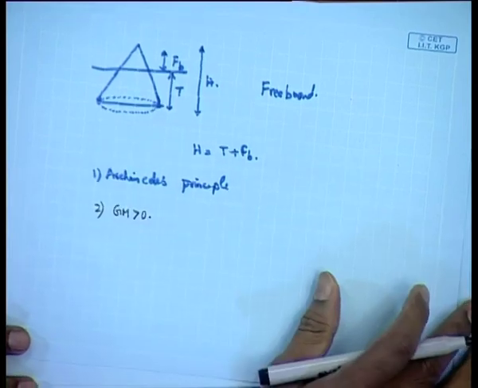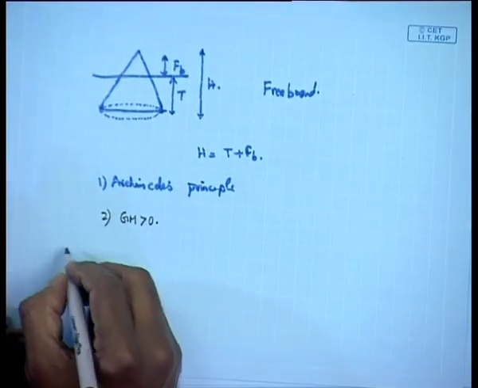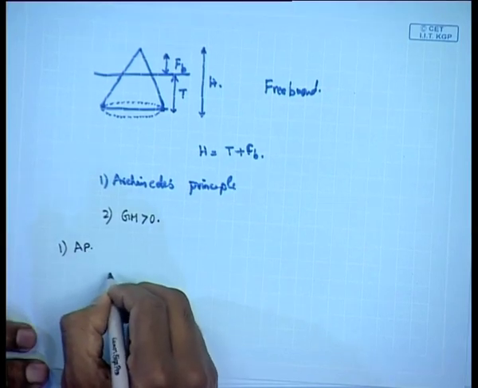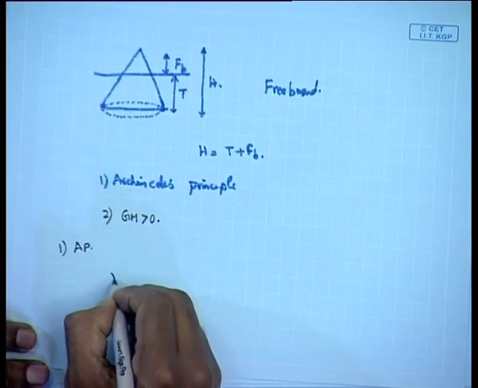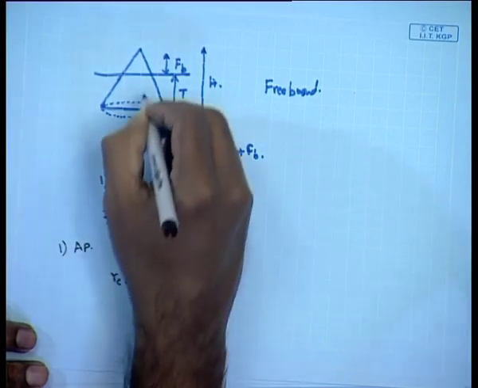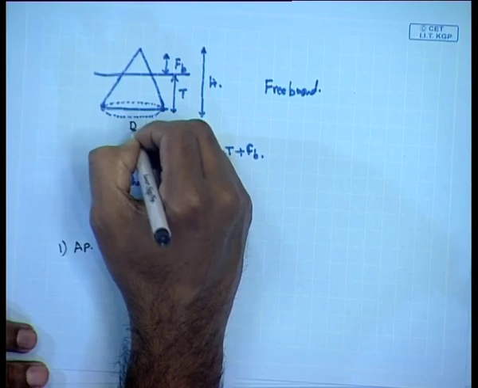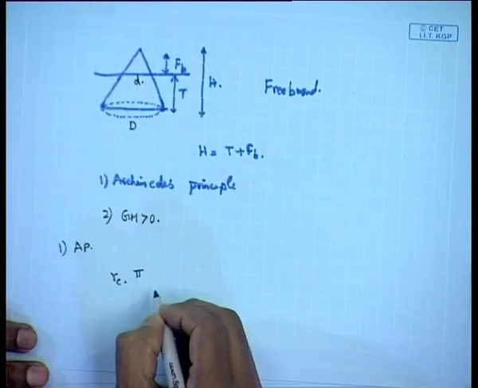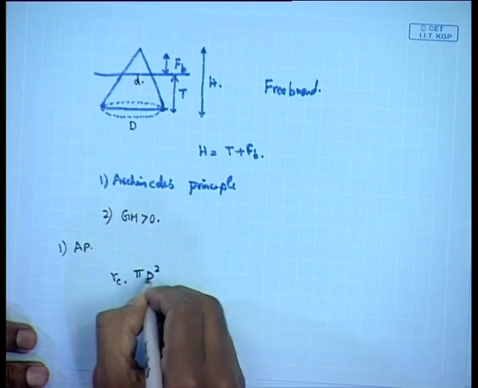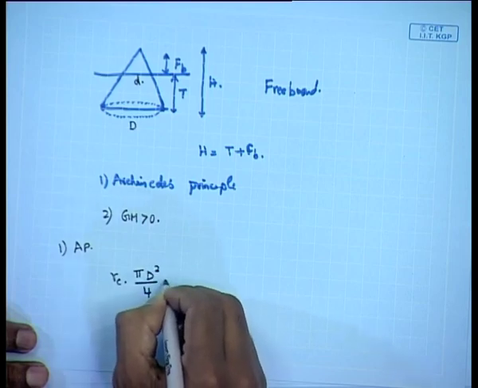So the Archimedes principle given here would be gamma c, the weight of the cone, into pi d square by 4 into h.